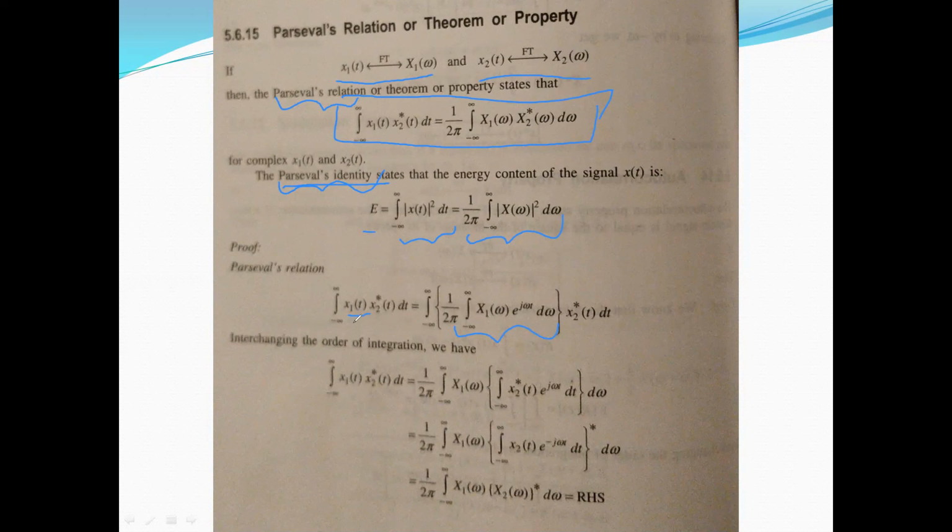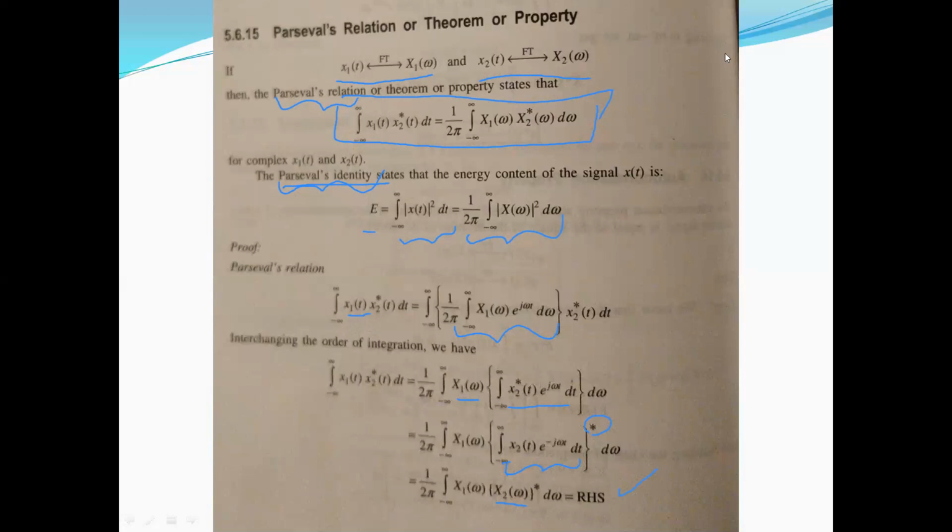Next we change the order of integration, keeping x1 omega as one part and the remaining as another part. Taking the conjugate on top, this has turned into the formula of the Fourier transform. So this is written as x2 omega star, and that is the RHS part. So that is the proof for Parseval's relation or theorem.